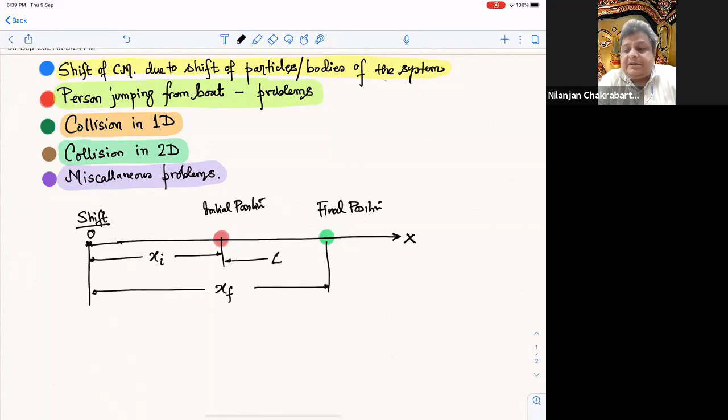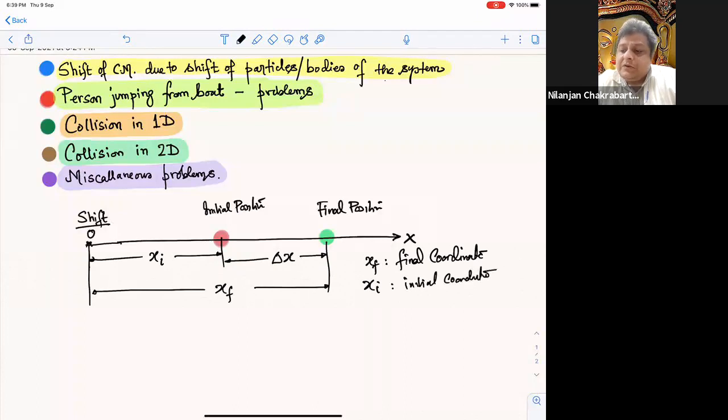And the shift is this delta x. Shift means the particle moves from here to here. So now the shift delta x is equal to xf minus xi, the final coordinate minus initial coordinate.